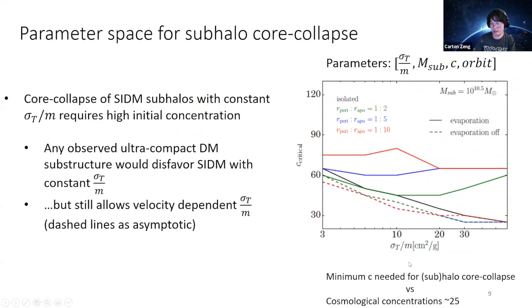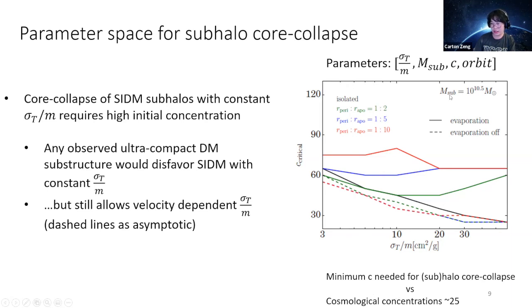So here the x-axis is the cross section of the SIDM, the y-axis is the critical initial concentration, and different color lines mean different ellipticities of the orbits. So above these lines are the allowed regions for core collapse for subhalos. But we know that cosmologically, you don't have such crazily high concentrations.